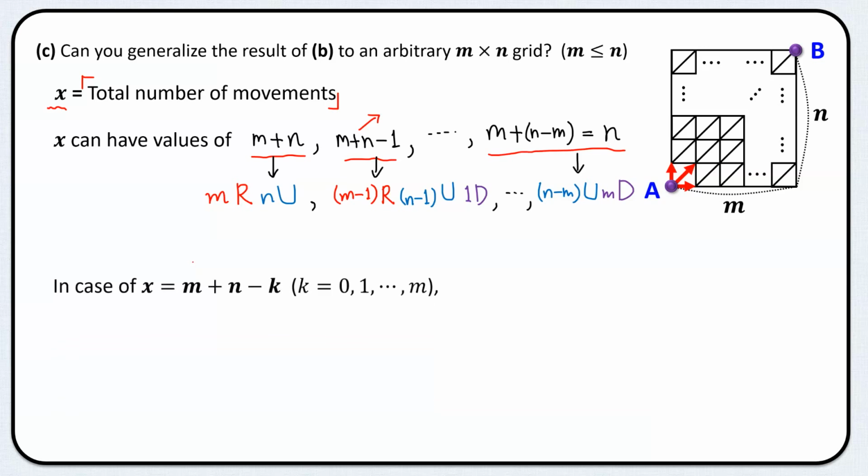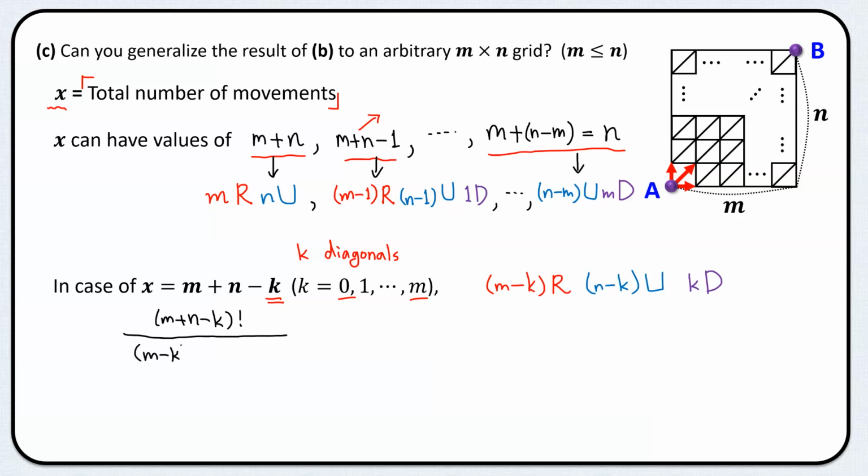Let us deal with everything all at once by thinking about the case where x equals m plus n minus k, where k can have values from 0 to m. This is the case where we have k diagonals. Or more specifically, m minus k rights, n minus k ups, and k diagonals. This case gives (m plus n minus k) factorial divided by (m minus k) factorial, (n minus k) factorial, k factorial ways.